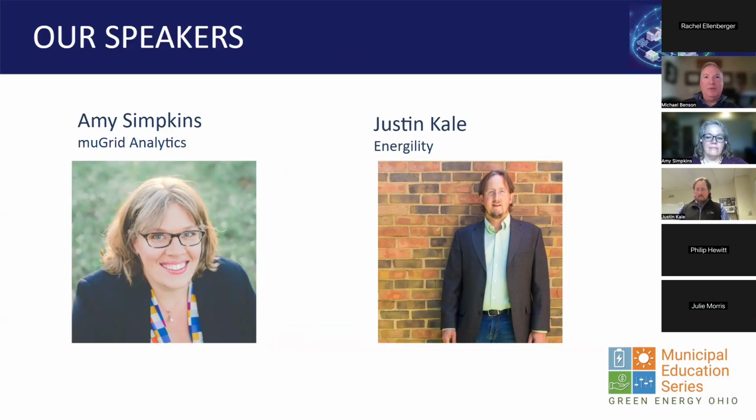Mugrid provides bankable techno-economic analysis, optimized control, and project development of renewable energy, energy storage, and microgrids to maximize economic return, increase energy resilience, and promote energy equity in the U.S. and around the world. Amy is also the author of Spiral, a catalyst for innovation and expansion, and holds a master's degree in astronautical engineering from the University of Southern California and a bachelor's in aeronautics and astronautics from MIT. By the way, she is a literal rocket scientist. Before she got into microgrids, she worked on interplanetary travel.